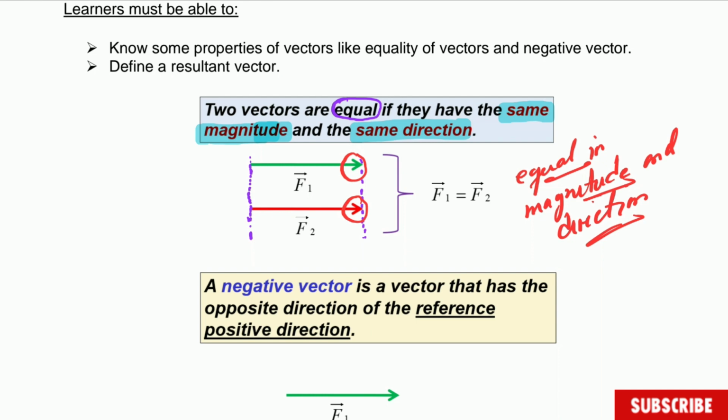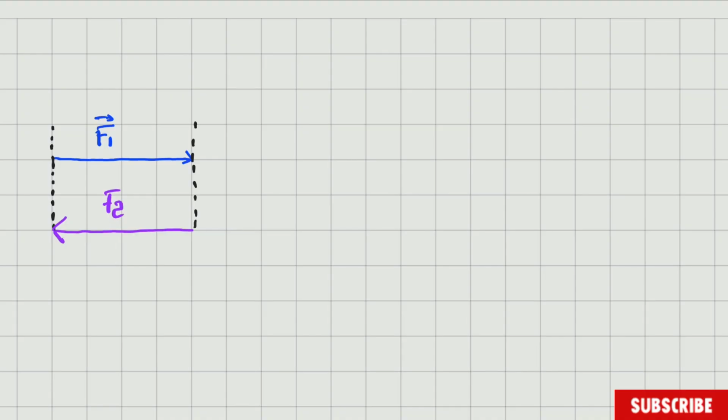If they have the same magnitude but different direction, they are just equal in magnitude. For example, these two vectors here have equal magnitude. You can see the magnitude by the length of the vector. However, they have a different direction, so they are not fully equal vectors.